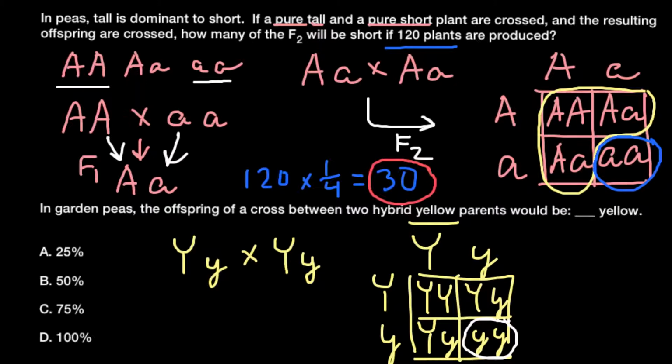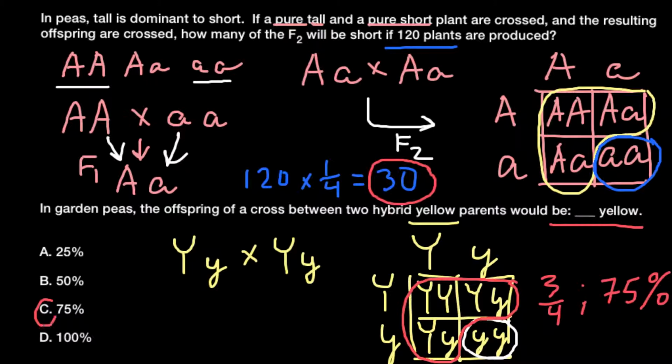So as you see, 3 out of 4 would be phenotypically yellow. And this is exactly our question: how many offspring would be phenotypically yellow? As you see, 3/4 or 75% would be phenotypically yellow. So this is answer C.